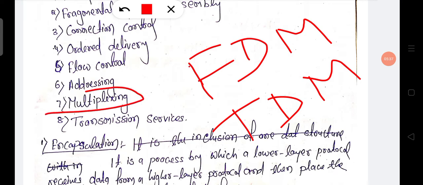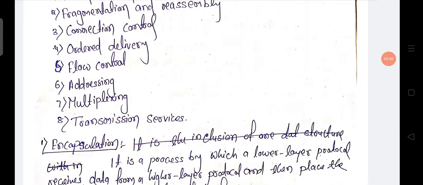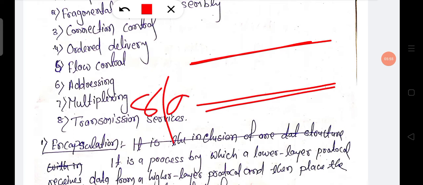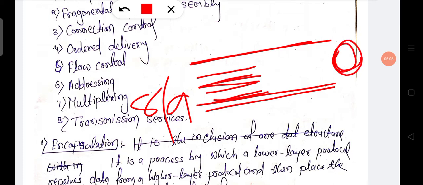Mainly, multiplexing is the concept in which many data are transmitted simultaneously. If, let's say, 8 or 9 data are transmitted simultaneously over a transmission channel without multiplexing, then at the receiver end we cannot recognize or separate our data.